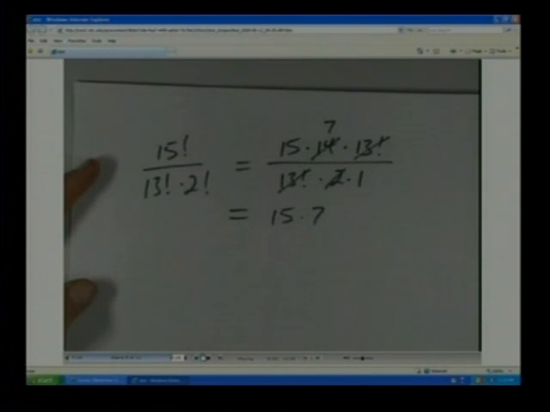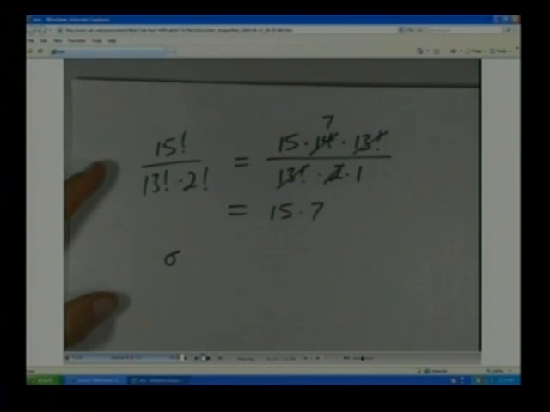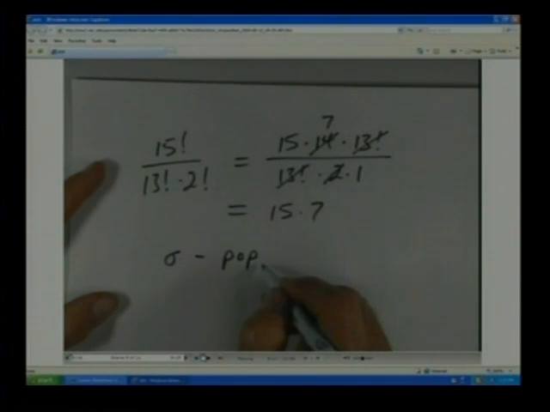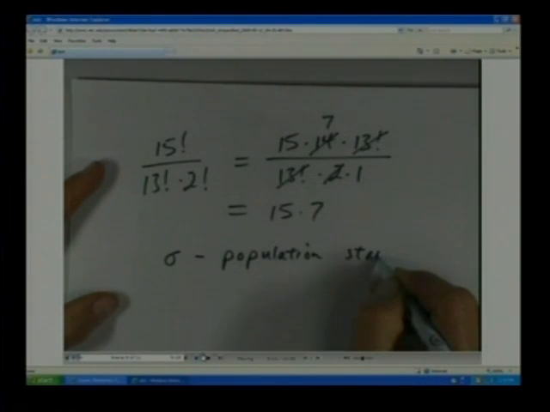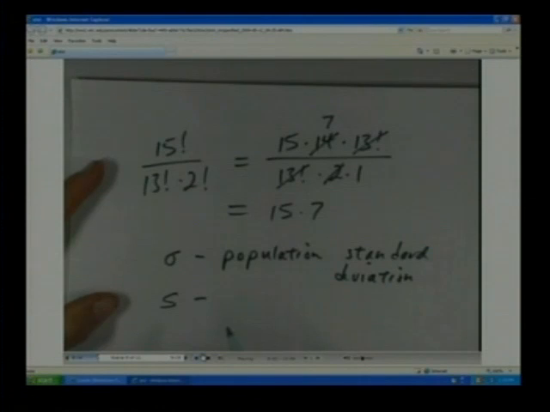Some other symbols that we'll encounter are things like sigma, which is going to be representative of the population standard deviation, and then the letter S, which is going to be representative of the sample standard deviation.